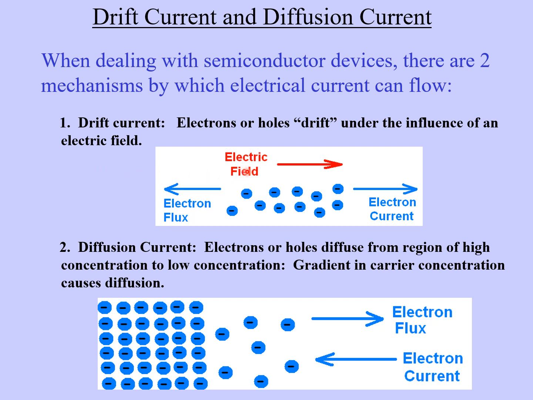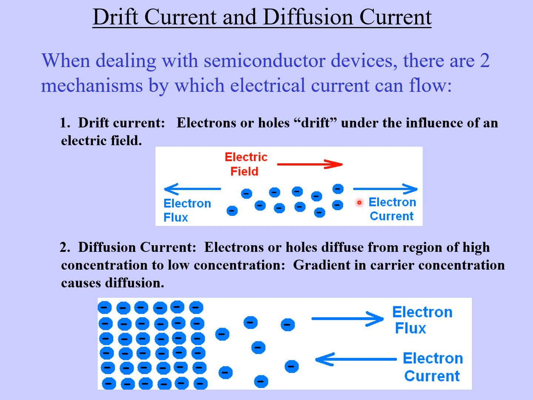So for example, if we have an electric field that's pointing to the right in this diagram here, and we have a bunch of electrons in the area, these are conduction electrons in the semiconductor. Well, the electrons, because they're negatively charged, are going to move to the left, so that's the direction of electron flux. But remember that current is defined as the flow of positive charge in electronics.